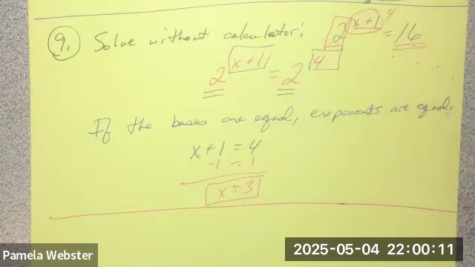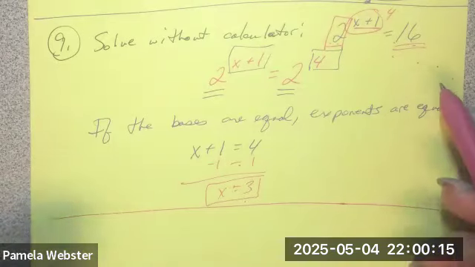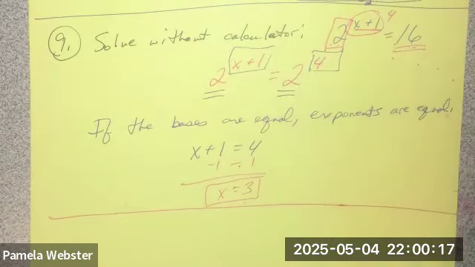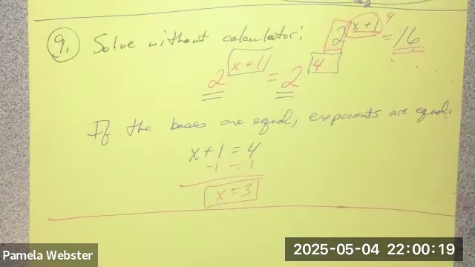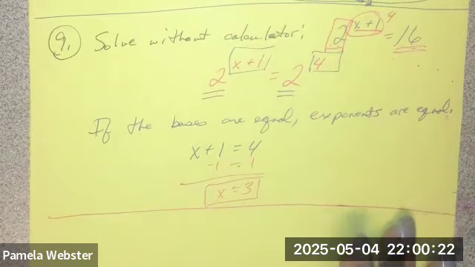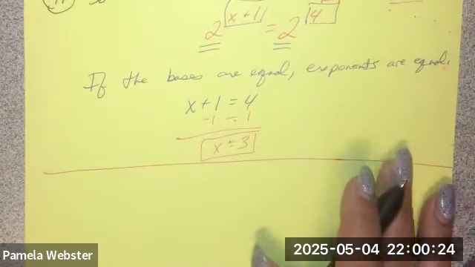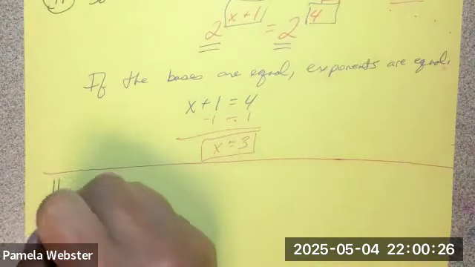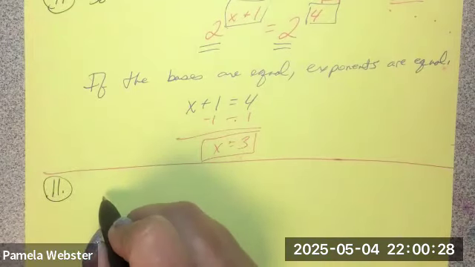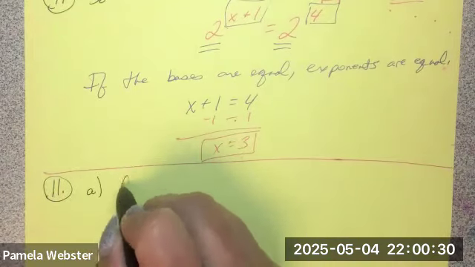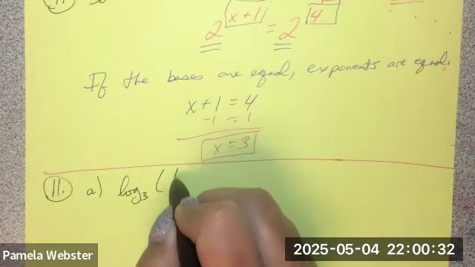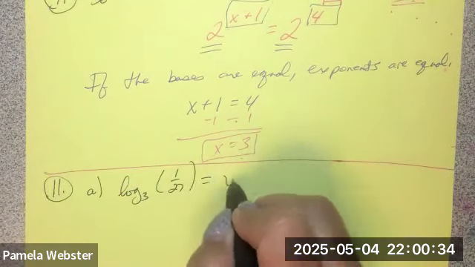Let's see. I do want you to do a couple of little logarithm type things. That was just an exponent thing. Notice I didn't invoke any kind of logarithms, but I do want you to use some exponent or logarithm type things. So I'm going to give you one or two of those. Log base 3 of 1 over 27 equals x.